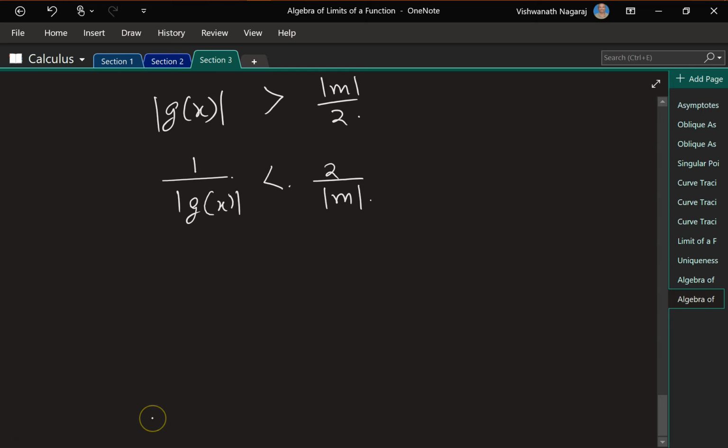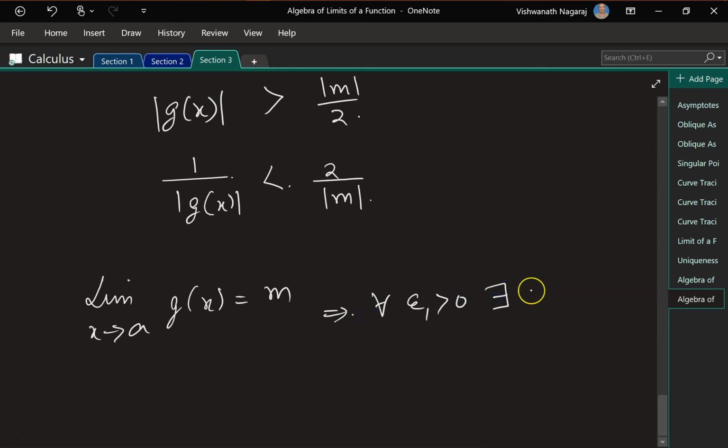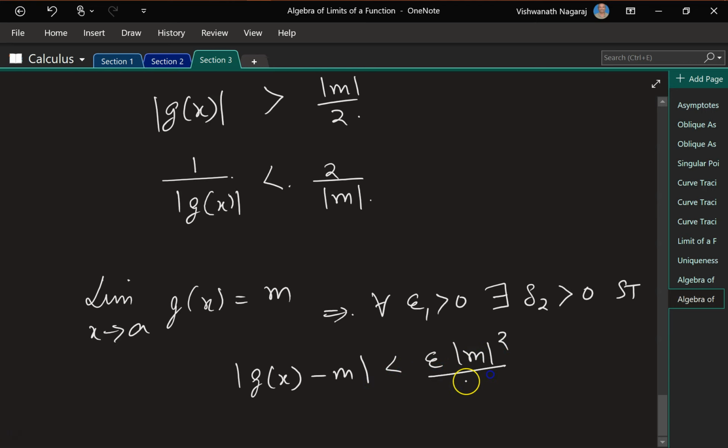Now what we are going to do is we are going to again look at the same statement: limit as x approaches a of g(x) equal to m. This implies for all epsilon greater than 0, there exists another delta greater than 0 such that |g(x) - m| is less than epsilon times |m| squared by 2.